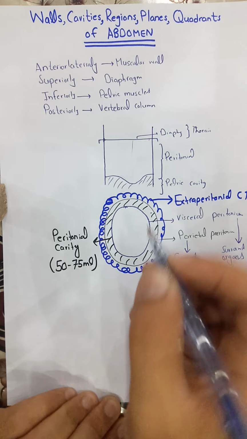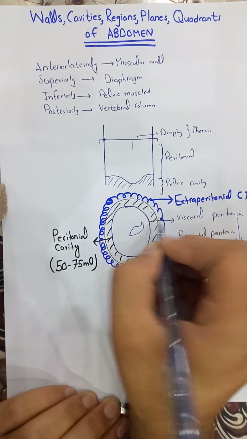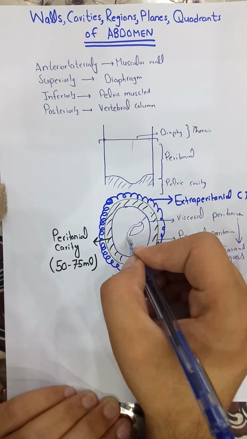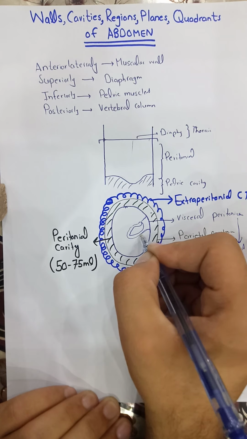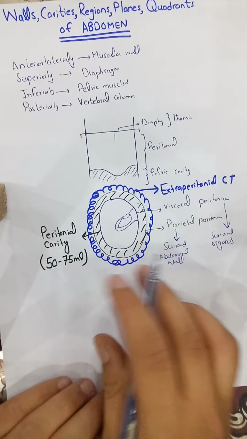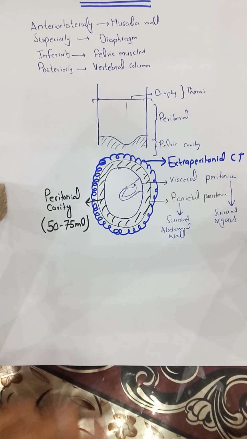Like for example, if a structure is present like this, this membrane will invaginate inward like this and surround that organ. This is the visceral peritoneum. Now we will move toward the regions of the abdomen.